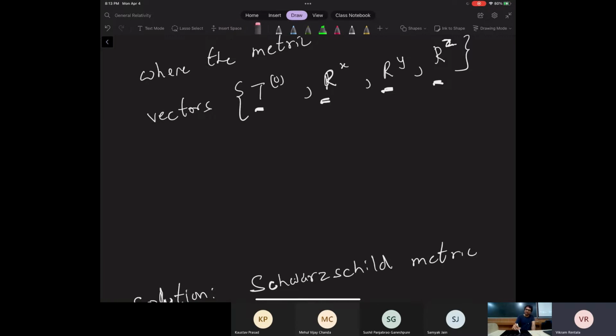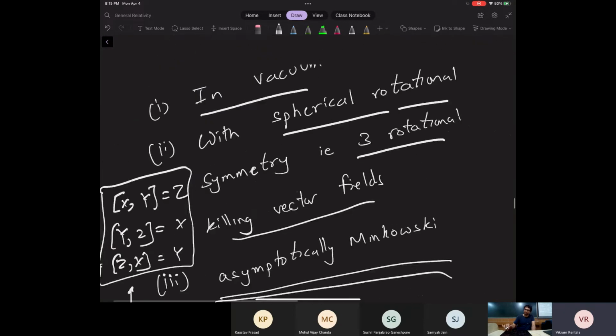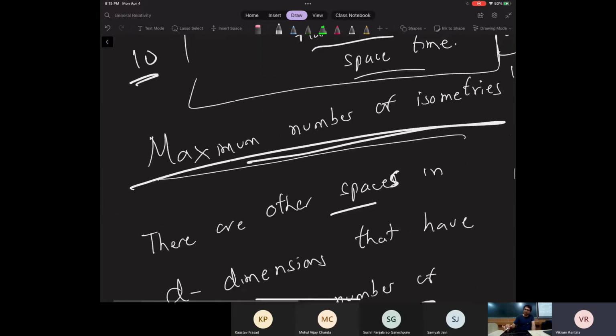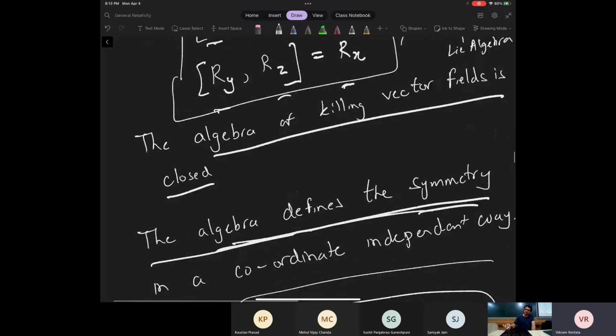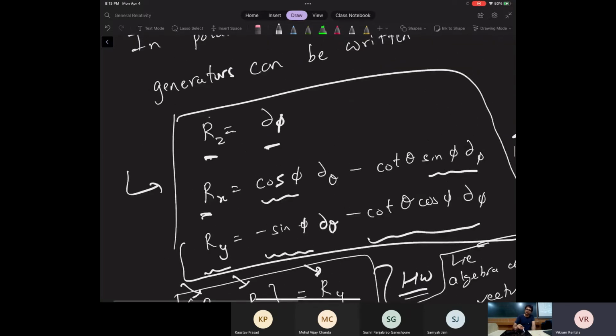And T0, let's say, defines some partial t. It's convenient to go to polar coordinates, and we've already seen using Minkowski space that Rx, Ry, Rz take this form in those polar coordinates.